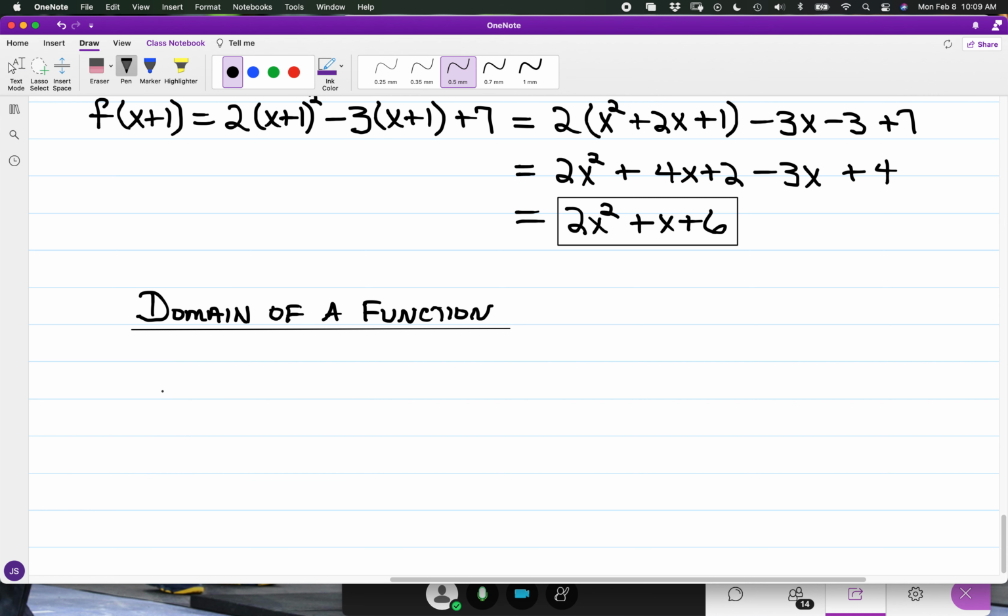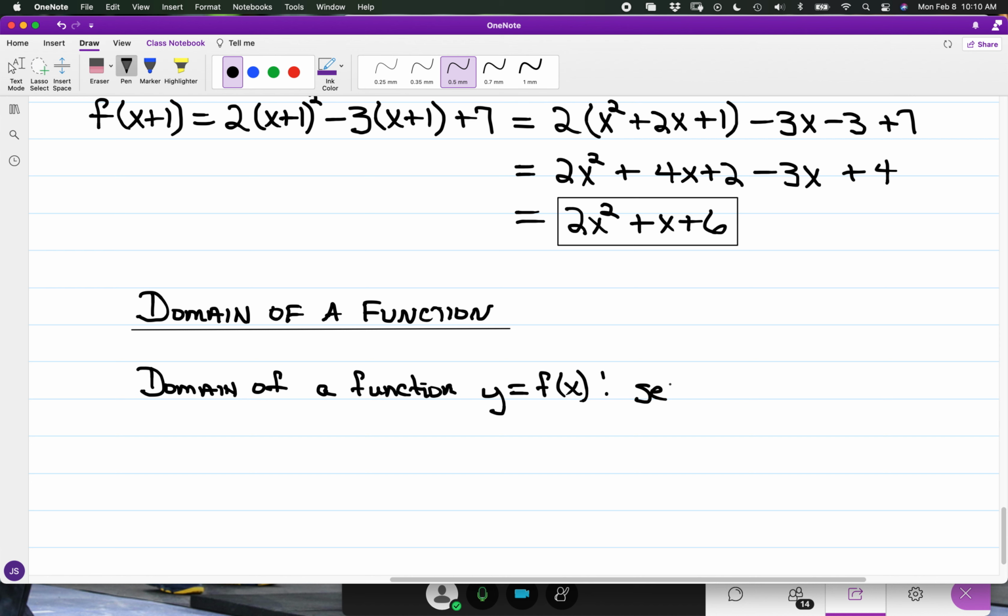And in the case of the domain of a function, we have the function y is equal to f of x.